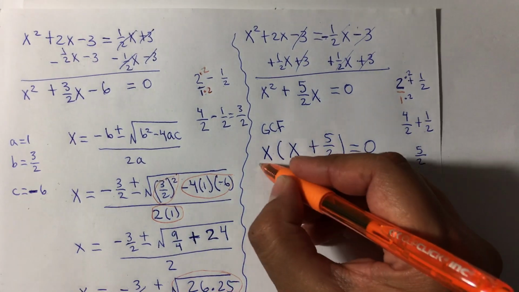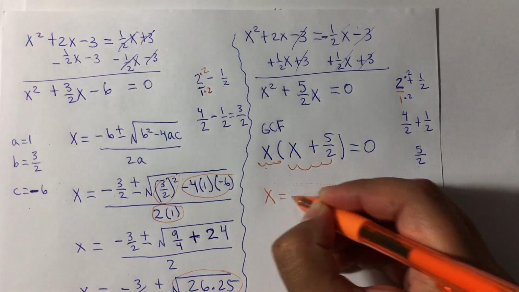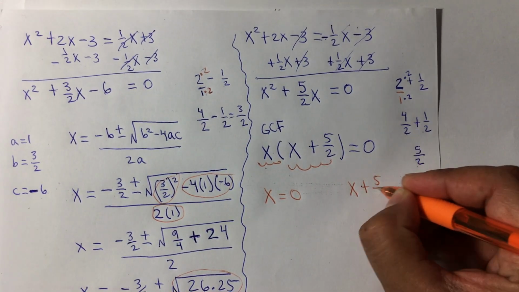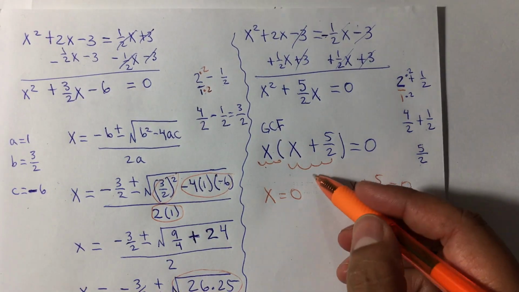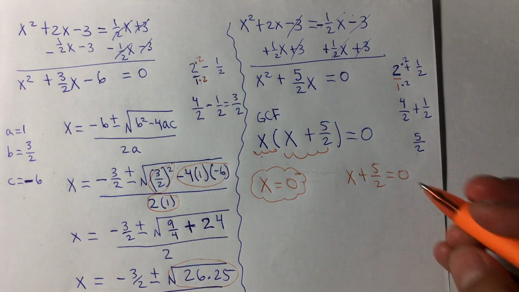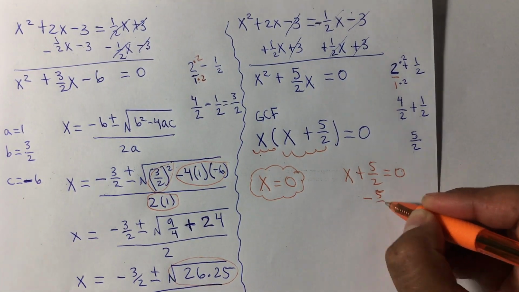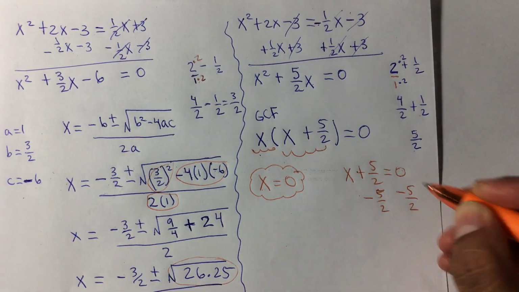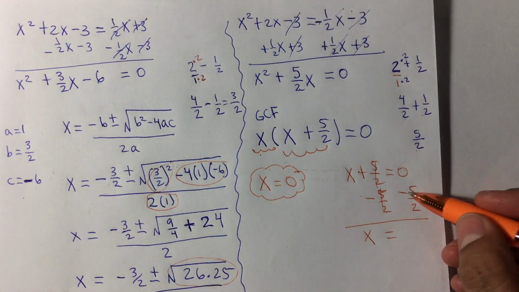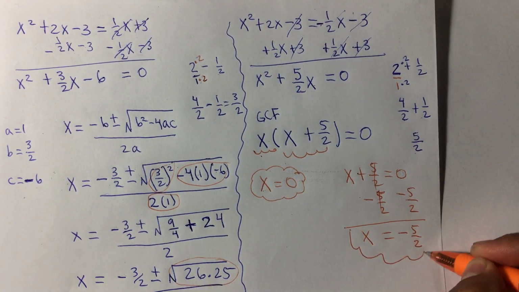Now, each factor, we're going to equal it to 0. So x equals 0. And also x plus 5 halves equals 0. We cannot do anything else because there's nothing to cancel next to x. But in here, if we're adding 5 halves, we're going to subtract 5 halves from both sides. This cancels, and x is equal to 0 minus 5 halves, which is negative 5 halves. So this is my other solution.